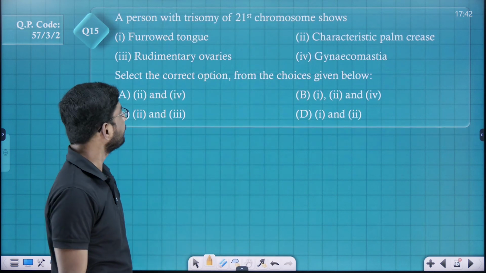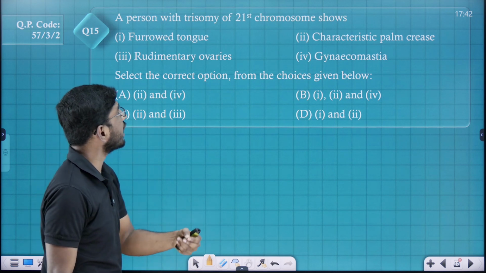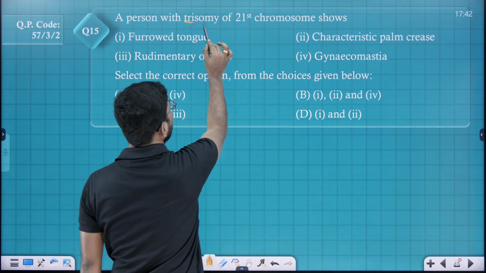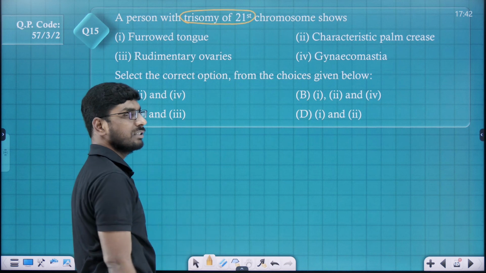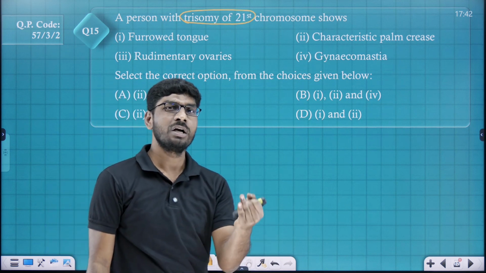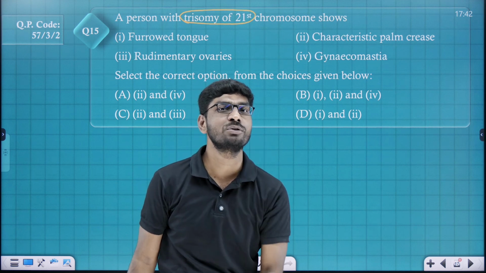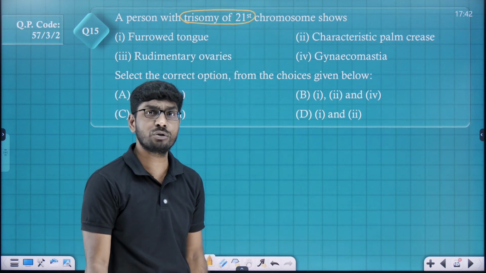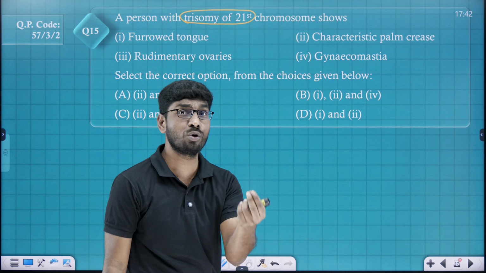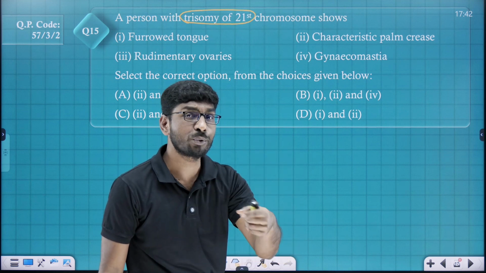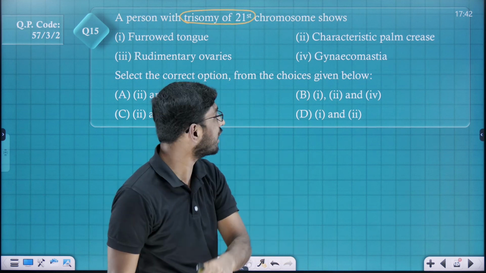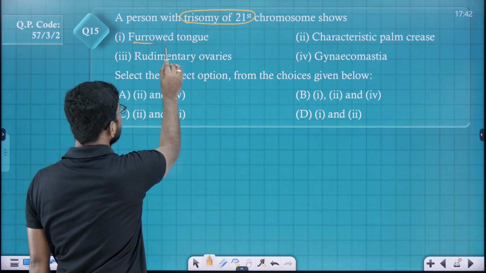Come to the next question. A person with trisomy 21. Trisomy 21 is what? Turner, Down, Klinefelter. Can you guess? 21st trisomy is Down syndrome, autosomal trisomy. Now, furrowed tongue.